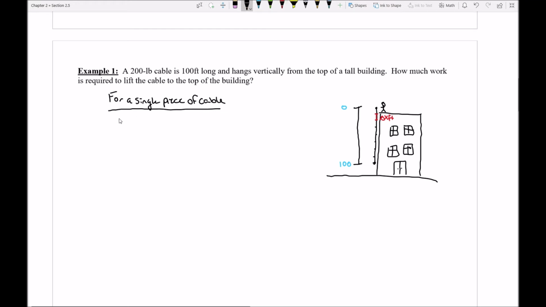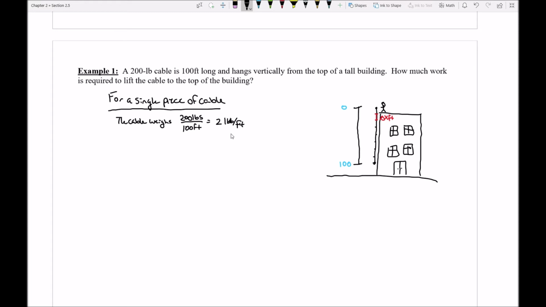We know that the cable weighs 200 pounds spread over a distance of 100 feet. And so, of course, that would simplify down to 2 pounds per foot.